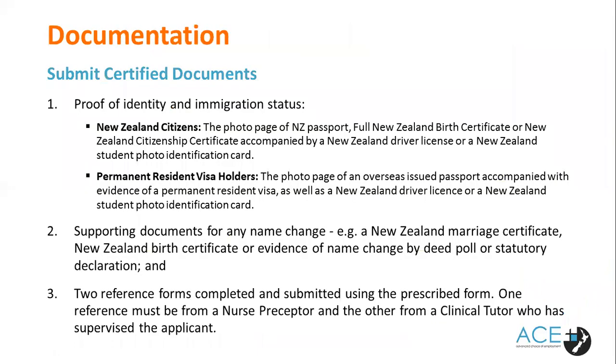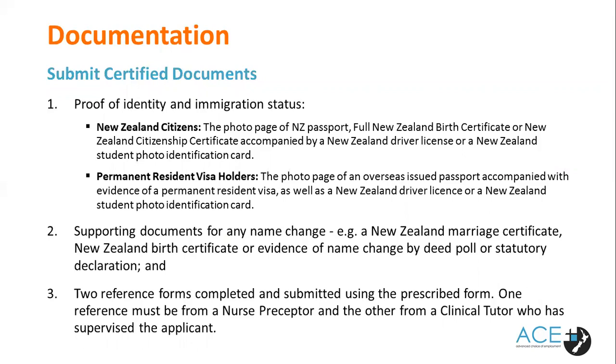We'll look more into exactly what documentation you'd need. As mentioned before, you will need your proof of identity and immigration status. This really depends on what citizenship you have. If you're a New Zealand citizen, you will need the photo page of your New Zealand passport, or a full New Zealand birth certificate, or a New Zealand citizenship certificate.